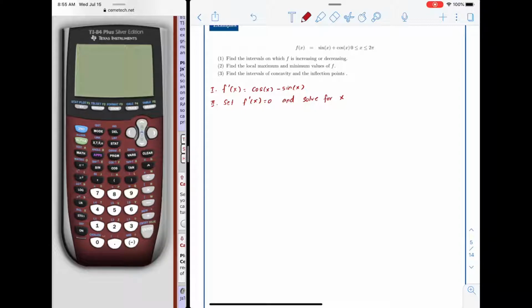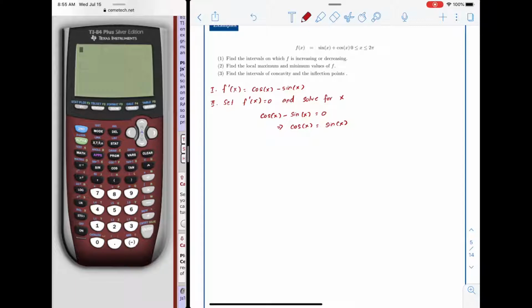That is going to give us the critical values, or the critical numbers. So cosine x minus sine x equals 0, which would imply cosine x is equal to sine x.